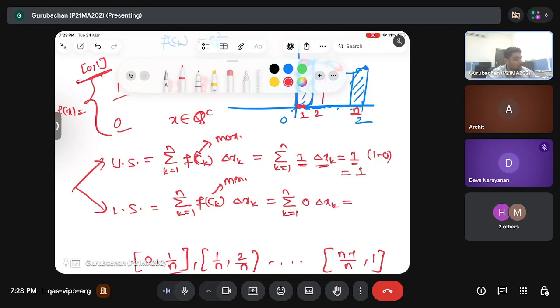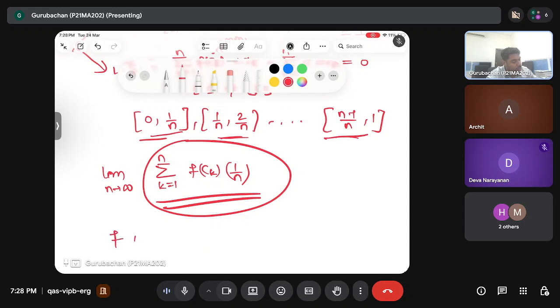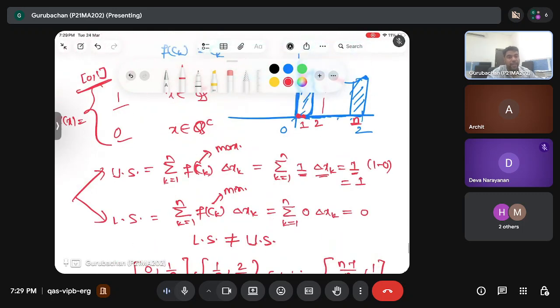So this sum will be 0. So here the lower sum is not equal to the upper sum. In this case we say f is not integrable.